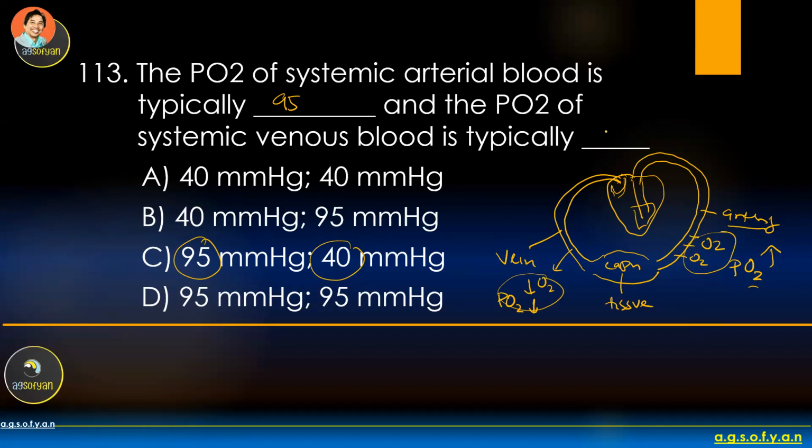On the venous side, usually very low, around 40 millimeters of mercury. So the pressure is lower in the veins compared to the artery. But if we talk about carbon dioxide, then carbon dioxide in the vein will be higher compared to the carbon dioxide in the artery.